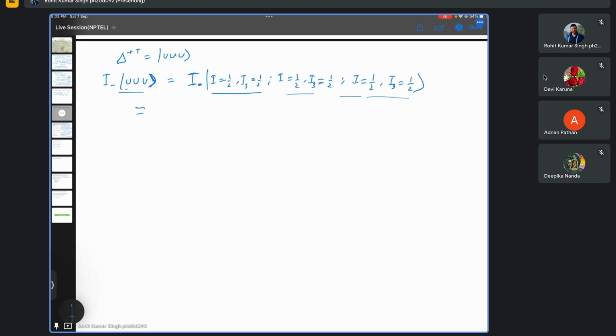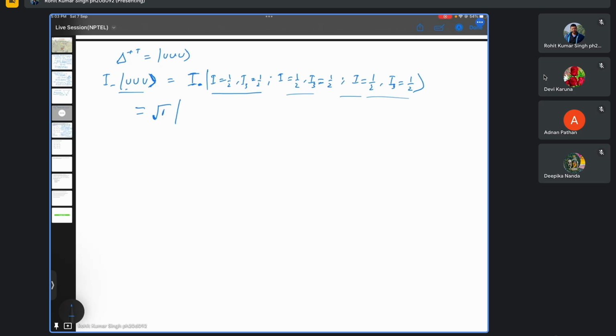Okay. So let's see how we do this. In the coefficient it will be just root 1 under root 1. Yeah, you can check.